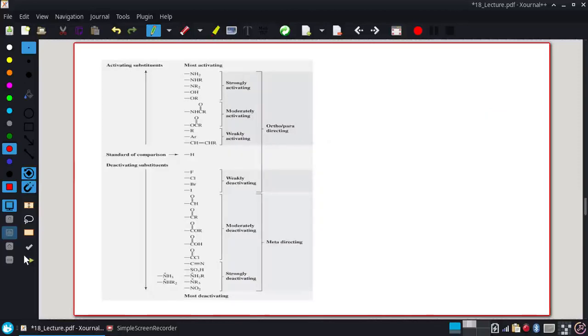Now, our book compiles them, and we have our whole list of all of our activators and deactivators. And that's what we've listed right here. We're going to see what this column is in just a second. But we have a very common thing up here. These guys all have a lone pair directly on the atom that's able to donate in. Our moderate activators have that lone pair, but on the side other than the benzene, you have a carbonyl.